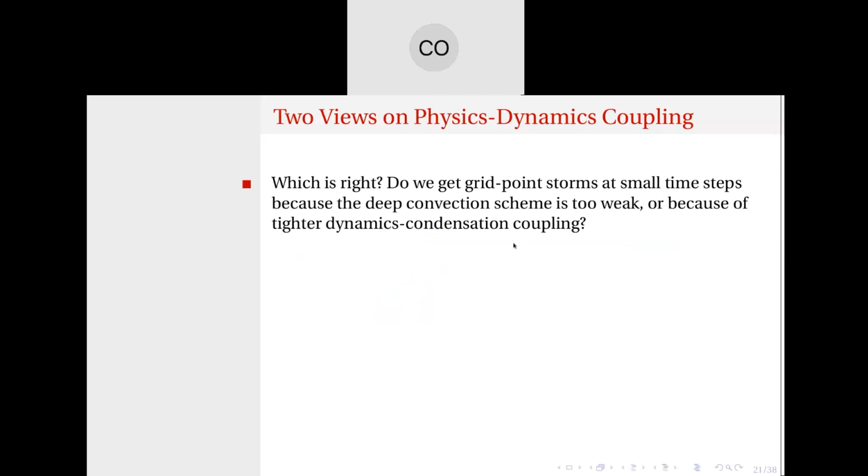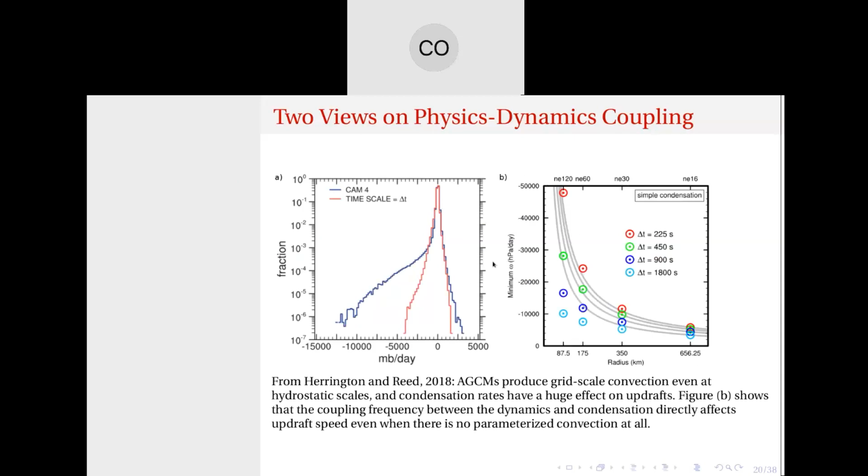So we have these two views, and I think they are both right: both the strength of the parameterized deep convection and the strength of the resolved convection matter.